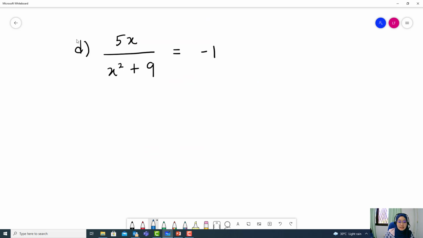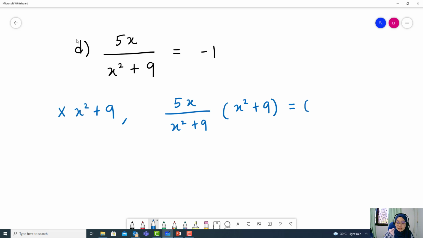Question D, given the equation 5x divided by x squared plus 9 equals negative 1. First step, you need to change it to standard form by multiplying both sides by x squared plus 9, to make it a polynomial equation. 5x over x squared plus 9 multiplied by x squared plus 9 equals negative 1 multiplied by x squared plus 9.